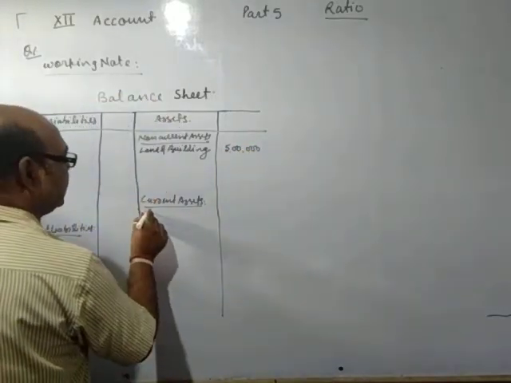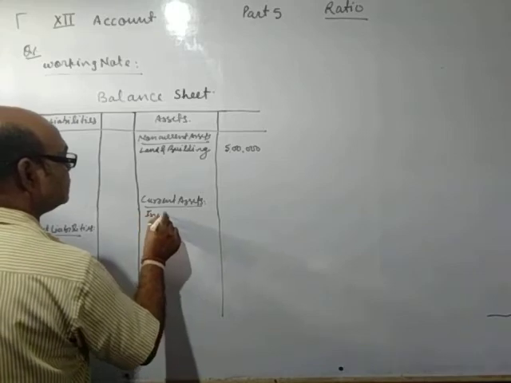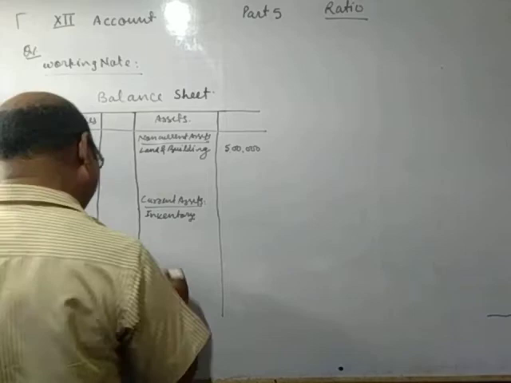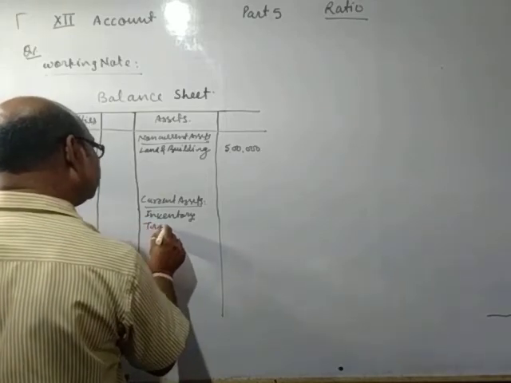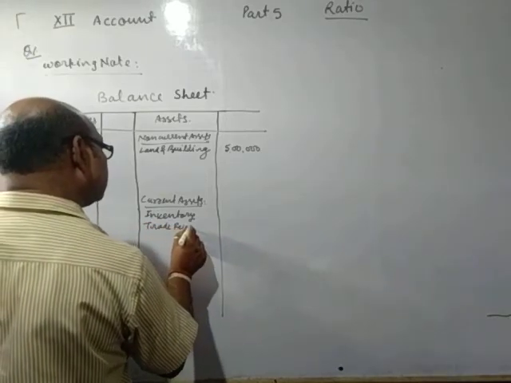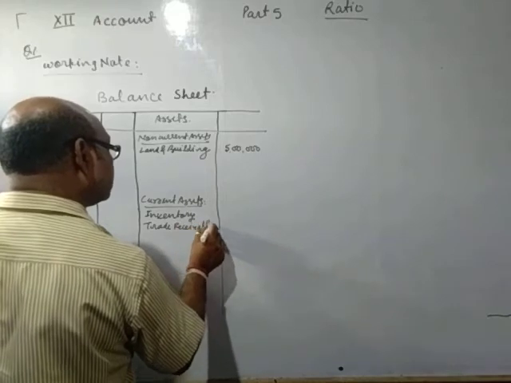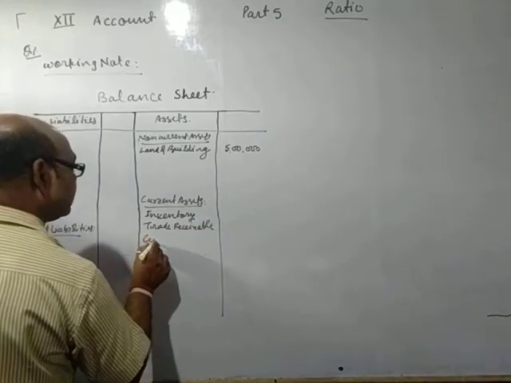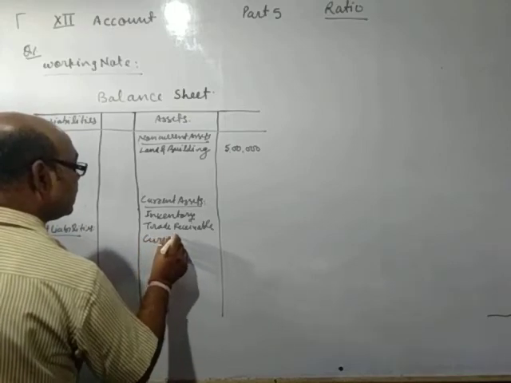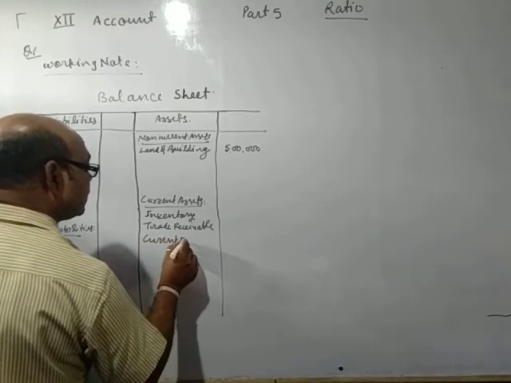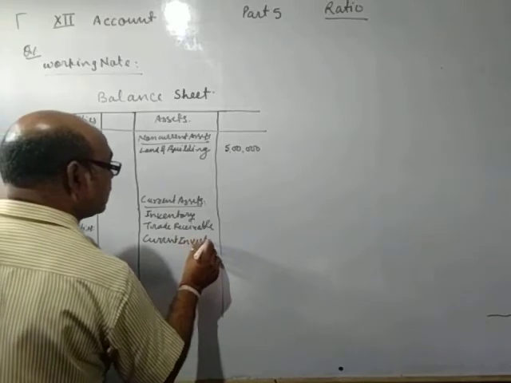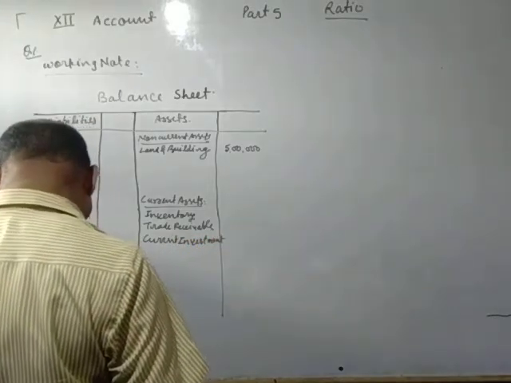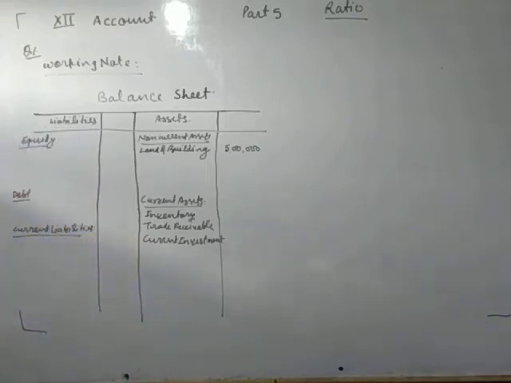Inventory, this is current assets. Trade receivable, current assets. Current investment. Trade payable, this is current liabilities.